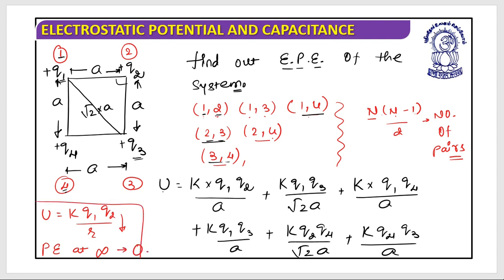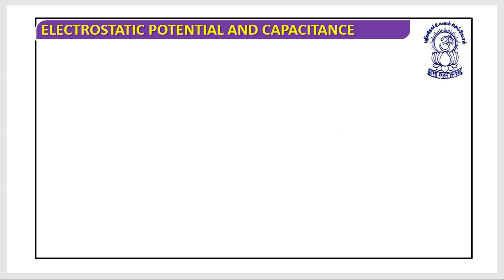When we write U equals k q1 q2 by r, we are writing this when we assume that the potential energy at infinity is 0, and then we are capable of writing this. I hope these things are clear to you. Any doubts? No? Let's move on.